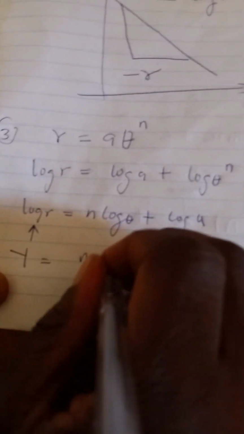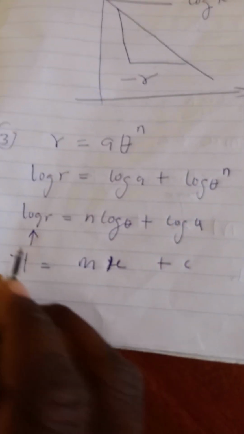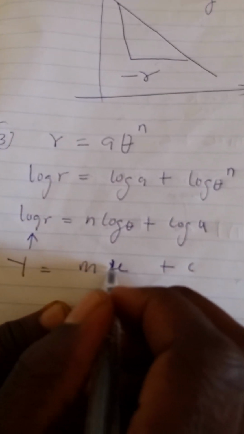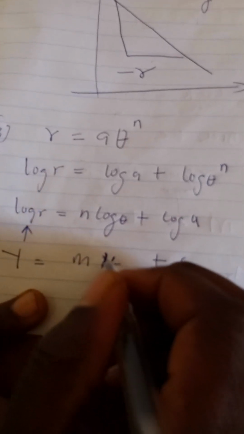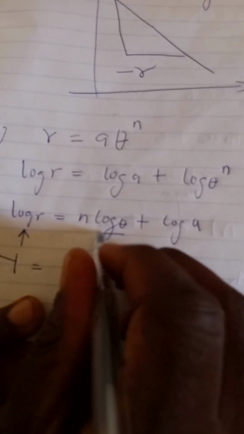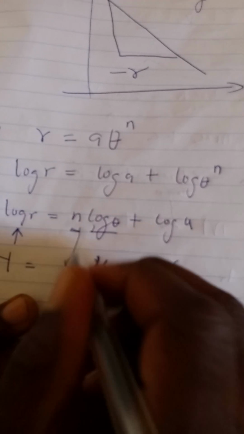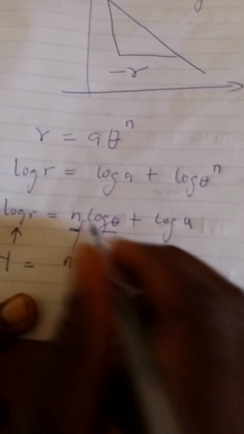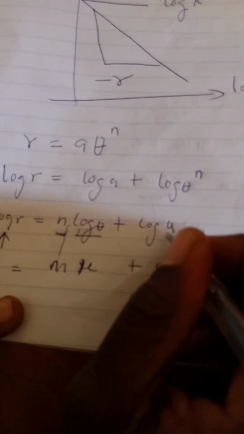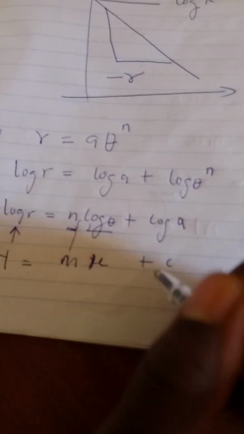This one has been transformed into a straight line graph, whereby our y-axis we have log r, and our x-axis we have log theta, and our slope m is n, and the intercept we have what? Log a as the intercept.